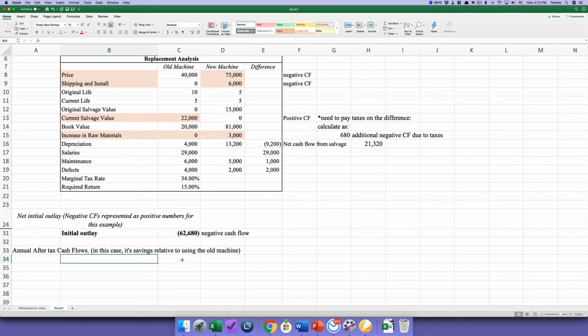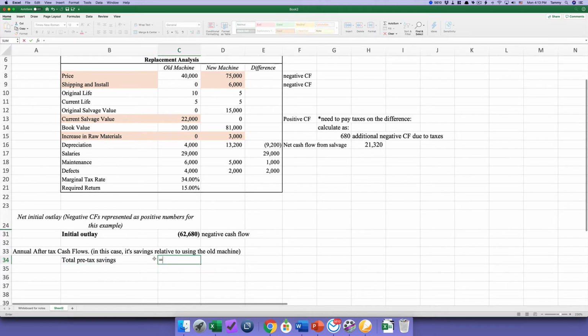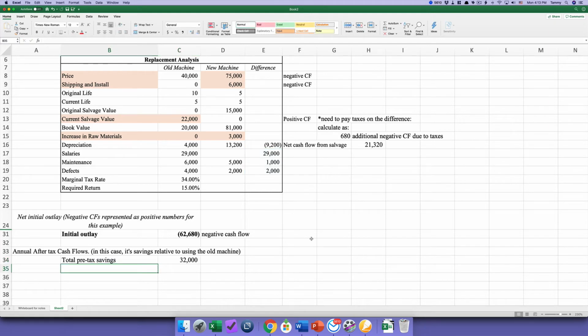So let's calculate the total pre-tax savings. Here, it's the sum of those three. 32,000, and then take out taxes, so we'll say after taxes, and this is going to be equal to this number times, make a parenthesis, 1 minus the tax rate.